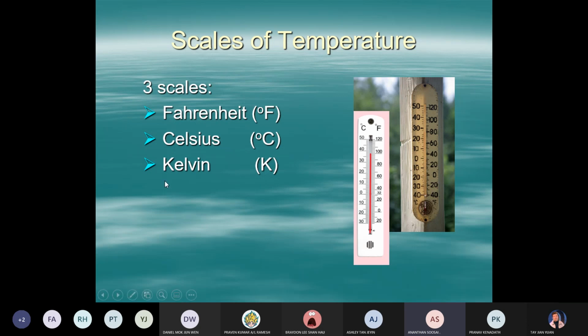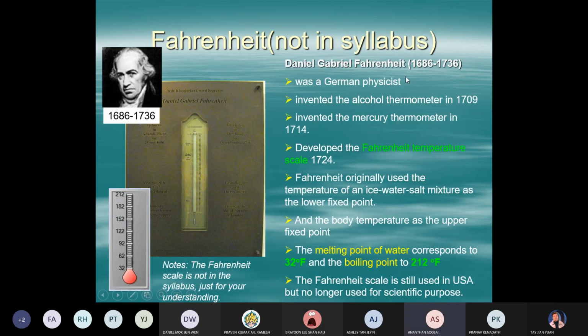Of course, Kelvin. Kelvin is the SI unit for temperature. Fahrenheit was developed by a German scientist. We are not going in depth, but just be aware of its existence. It's not in your syllabus.